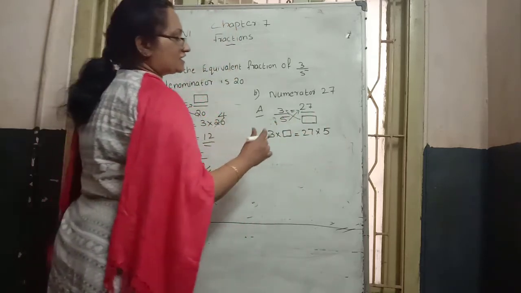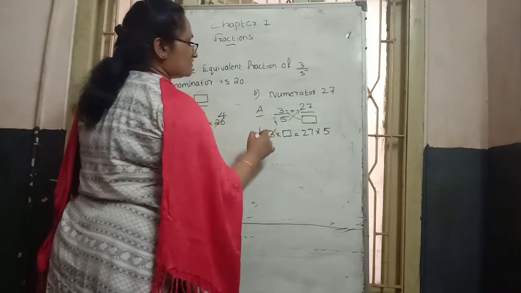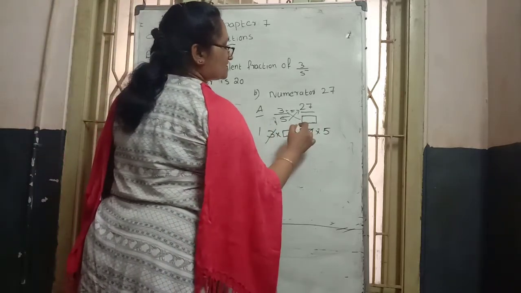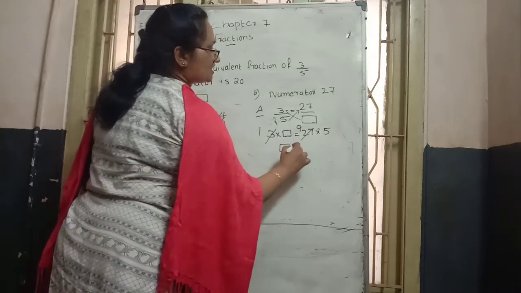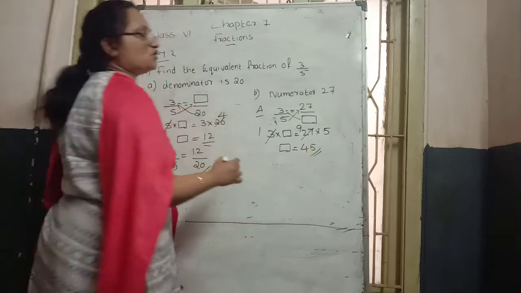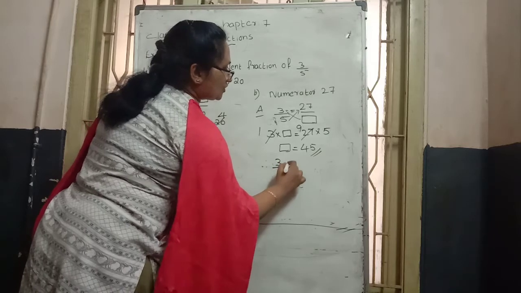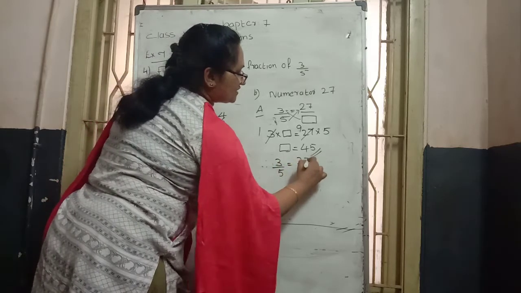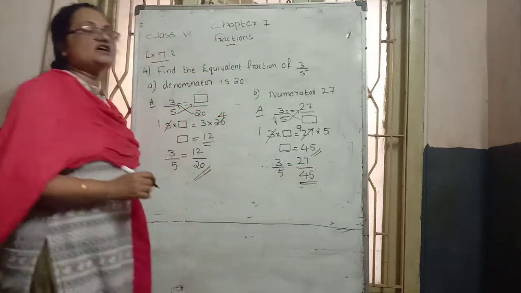Then checking, right and left cancellation is possible, so cancel: 3 table, 3 one time; 3 table, 27, 9 times. Then next, 1 into box becomes box only. 9 into 5 comes to be how much? 45 is the box value. That's why we can clearly write the equivalent fraction for 3 by 5 as 27 by box, and in the box place we substitute 45.